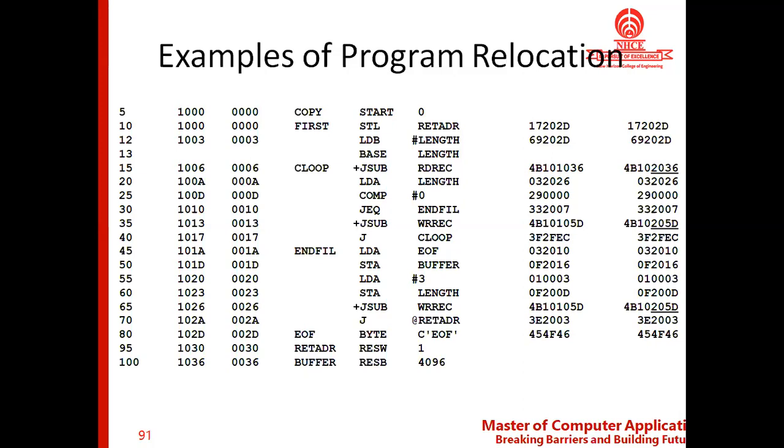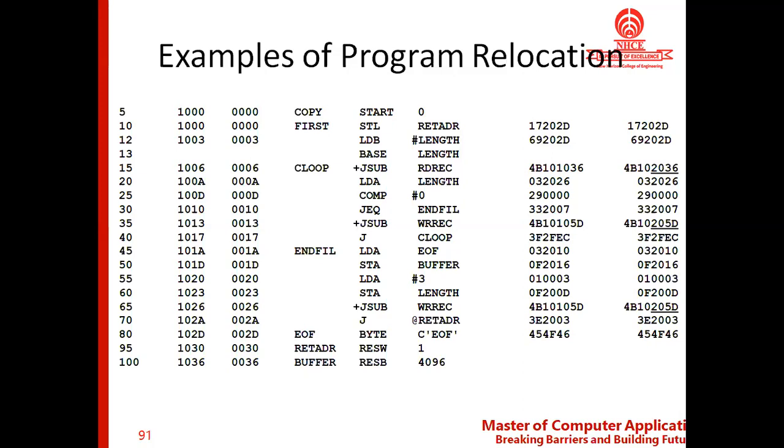But in very few places it is different. What are those places? Say, for example, the line number 15. In the line number 15, the object code you are getting when the starting address is 0 is nothing but 4B101036. Whereas for the same 15th line, the last column gives you the object code when the starting address is 1,000.